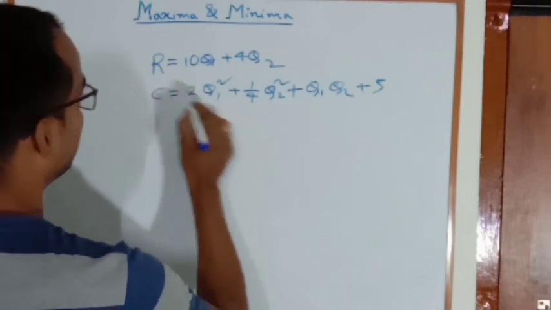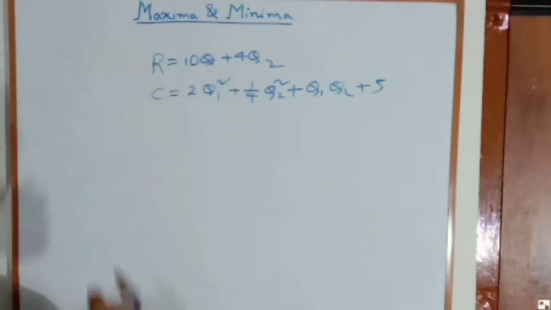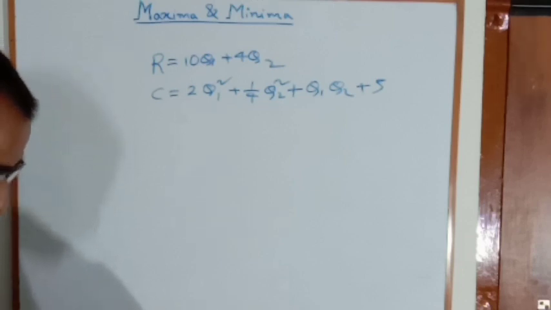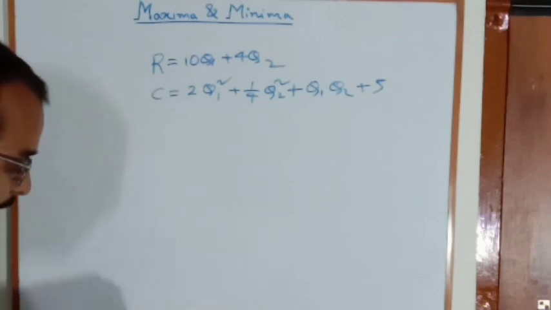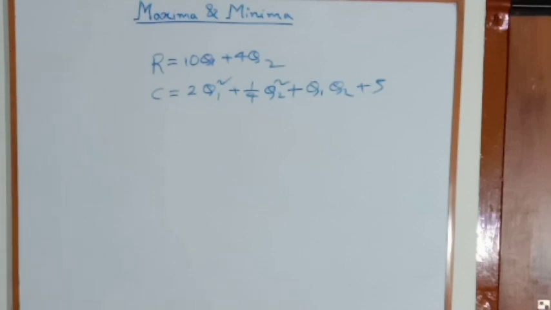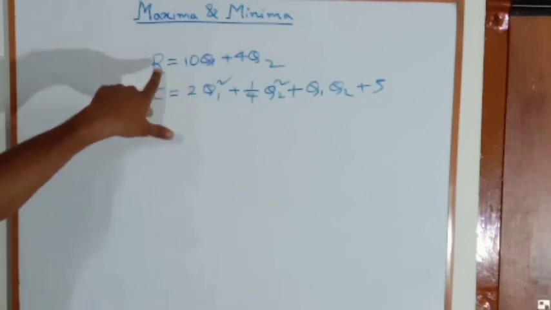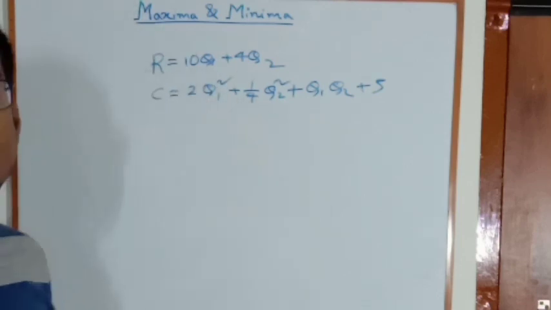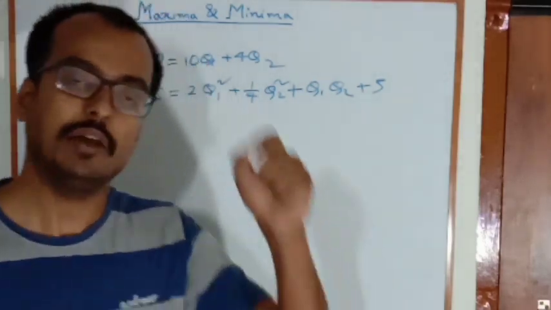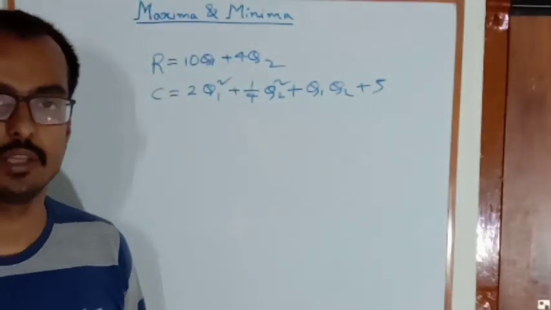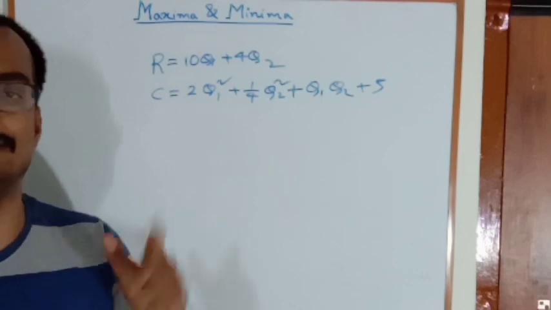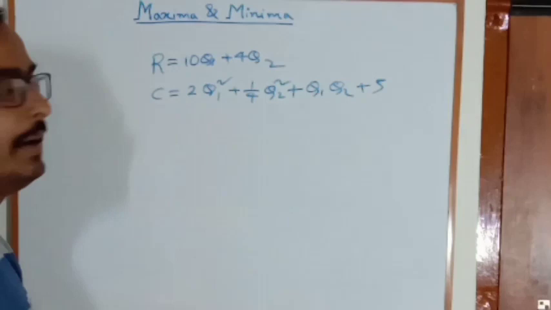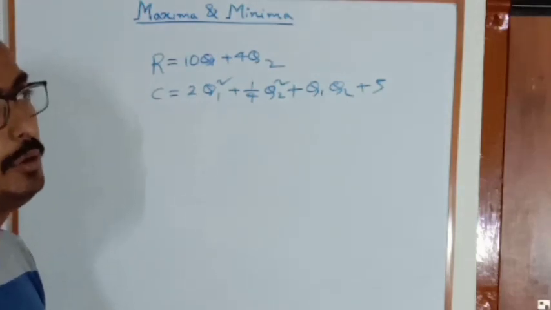This is the cost function and this is the revenue function, total cost and total revenue. Here it is very clear that in the functions, two products have already been introduced. You have nothing to do here. It's ready-made food you can eat now. Why am I saying ready-made? Because the function is made.